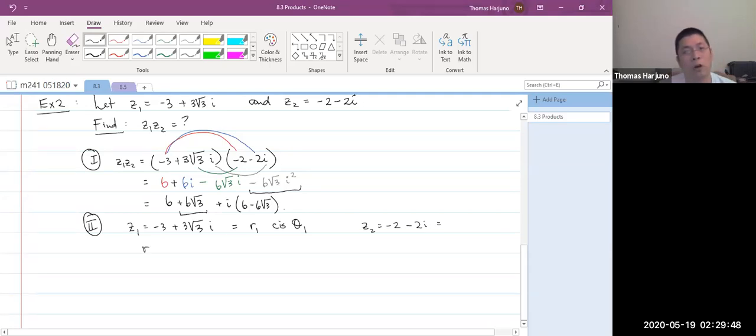So R1 is the square root of negative 3 squared plus 3 radical 3 squared, square root of 9 plus 27, square root of 36, that's 6.